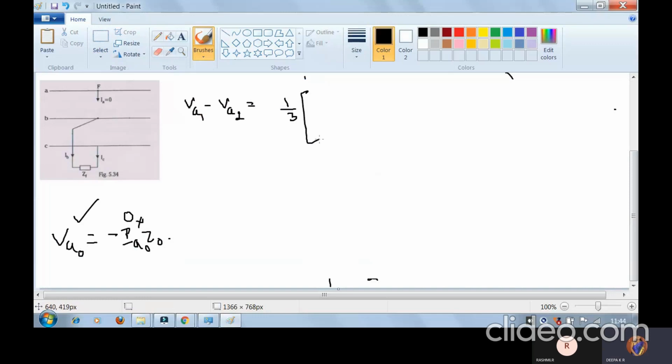So we write VA plus A into VB plus A square into VC, and minus, multiplying the minus through, VA minus A square into VB minus A into VC is the complete equation.